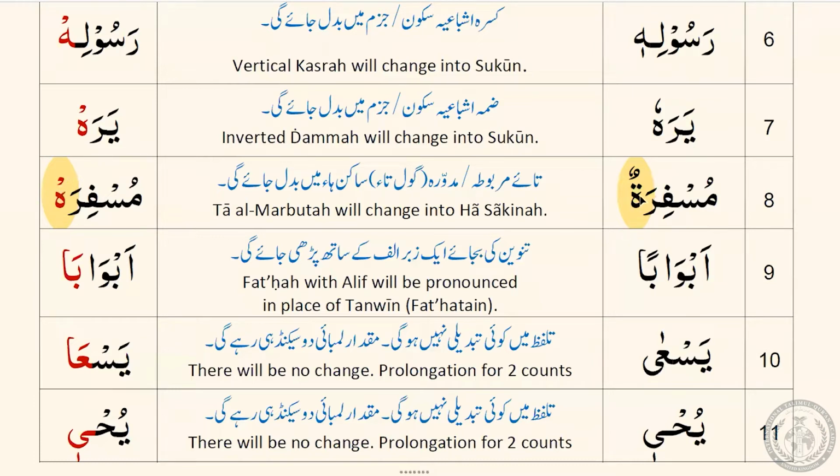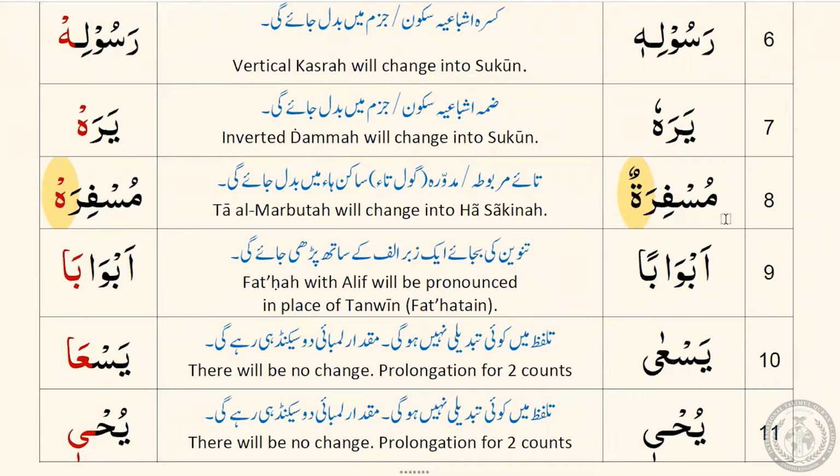Another thing that happens with ta marbuta is it loses those 2 dots. When we see the ta marbuta with 2 dots, we make the sound ta. But here, because of our pausing, the dots will disappear and it becomes ha sakina.